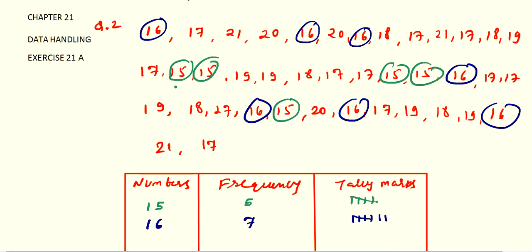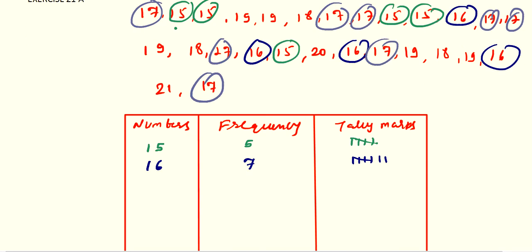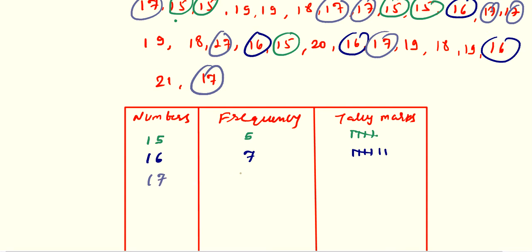The next number is 17. 1, 2, 3, 4, 5, 6, 7, 8, 9, 10, 11. So number 17 is 11 times. So like this you have to solve. The next numbers are 18, 19, 20 and 21. Okay, so question number 2 you can solve.